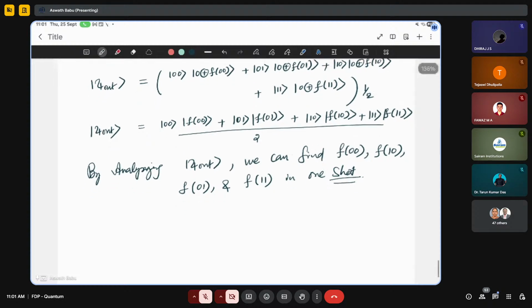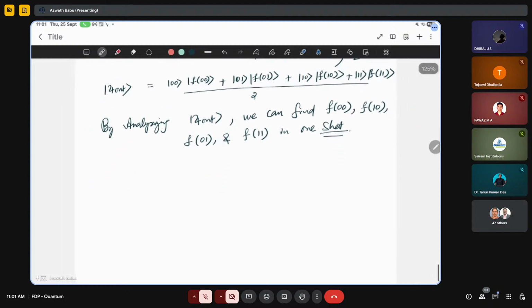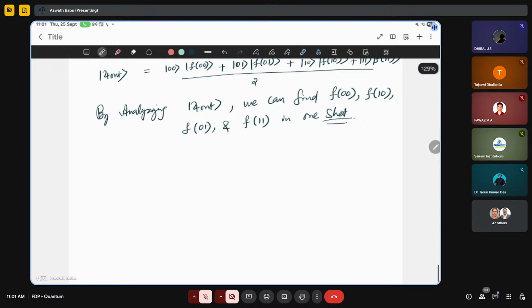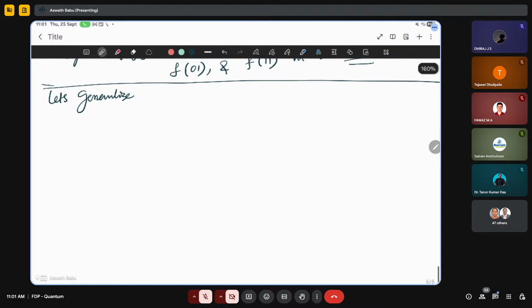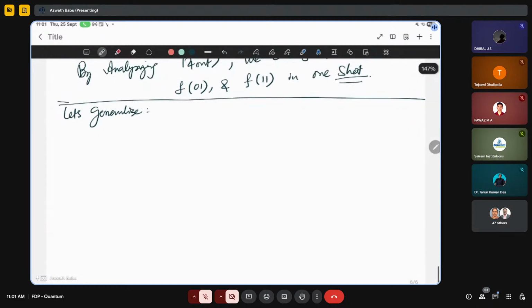Now let's generalize. Do we have space for generalization? Yes, let's generalize. Before generalizing fully, let's go to 8 values of x.